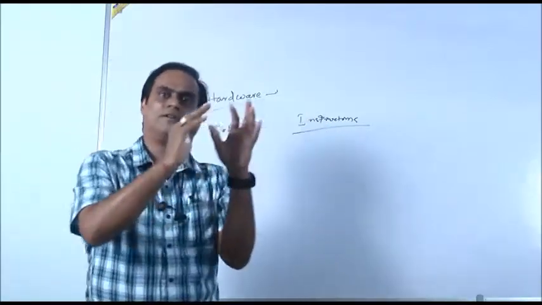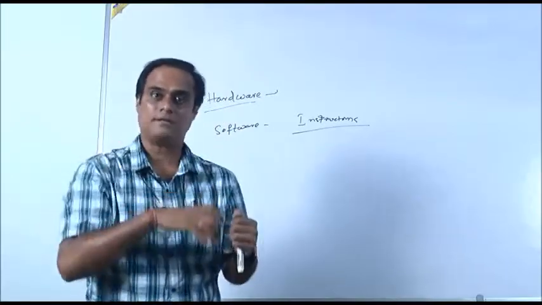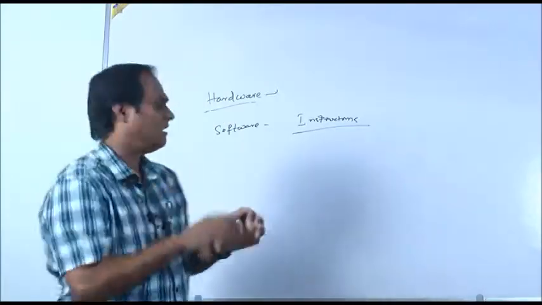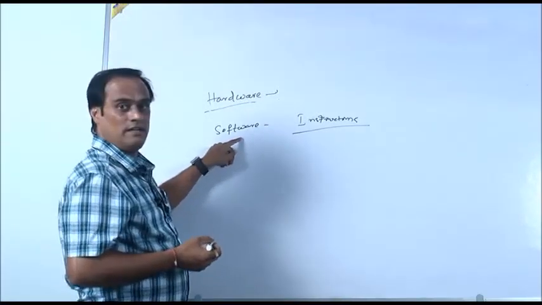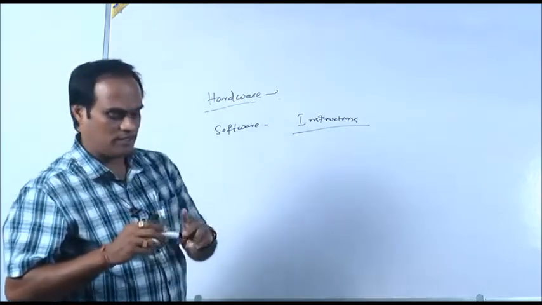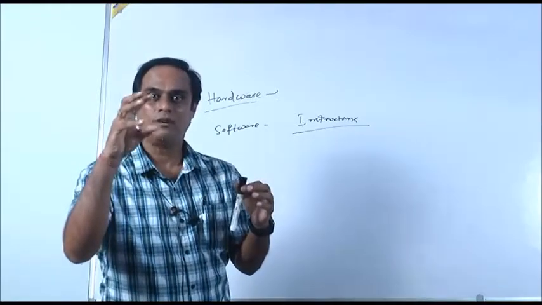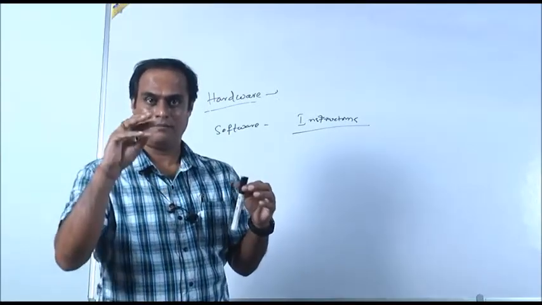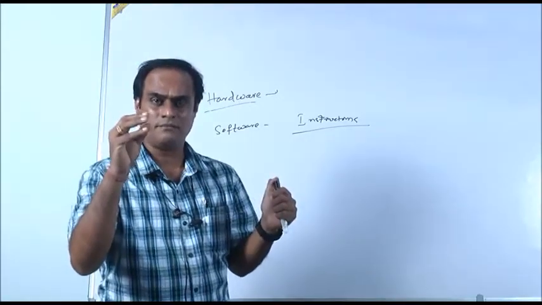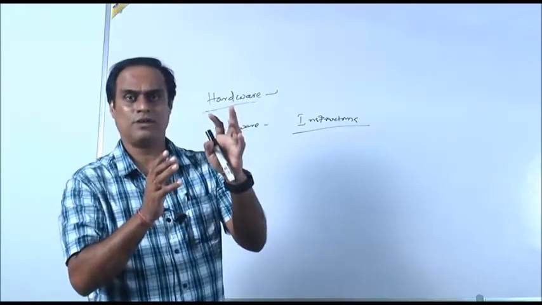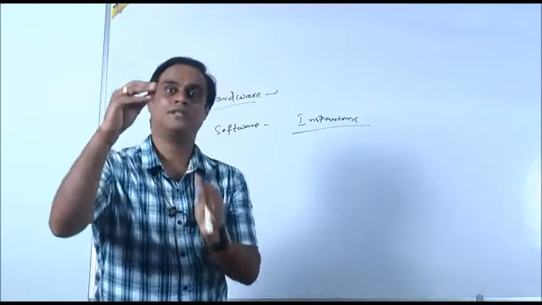For giving the data or instructions, we use the hardware devices. But the set of instructions that the computer uses is the software. Software is the set of instructions used for processing a particular action, or for giving a process to execute. It needs a set of instructions to execute a process.